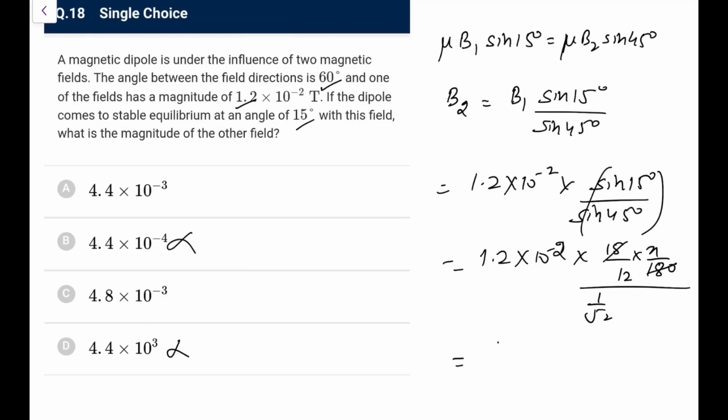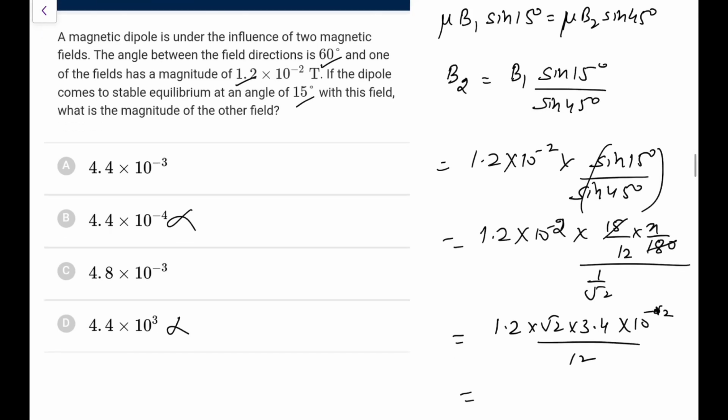So what we are left with is 1.2 into root 2 into 3.14 into 10 to the power minus 2, divided by 12. So what we have left now is 3.14 into 1.2 into root 2. 12 fours are 48, 12 ones are 12, 16, 12 threes are 36, so 3.768 by 12 into root 2, 1.414, into 10 to the power minus 2.